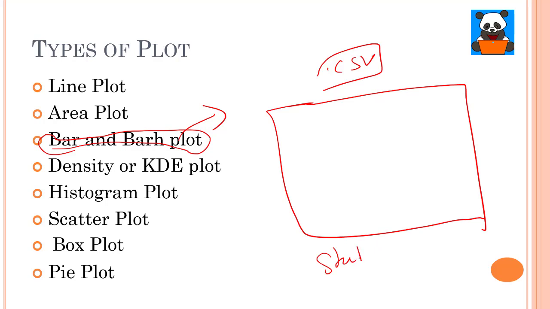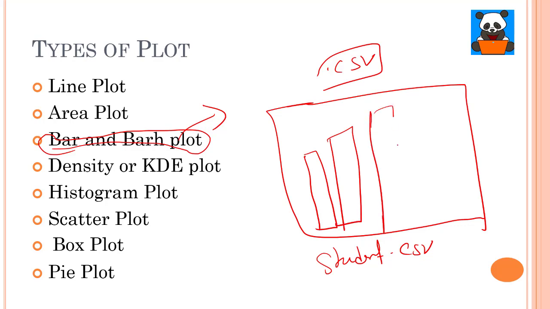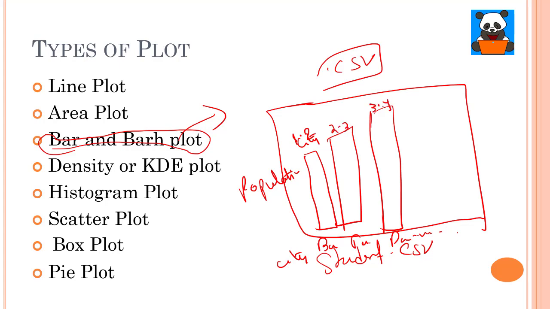When you create a bar plot, the data appears bar-wise. Suppose these are different cities and their populations: Bangalore, Tamil Nadu, Davangere, with populations 1.2, 2.3, 3.4.